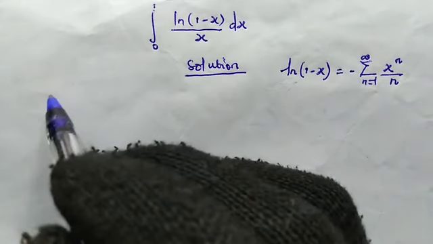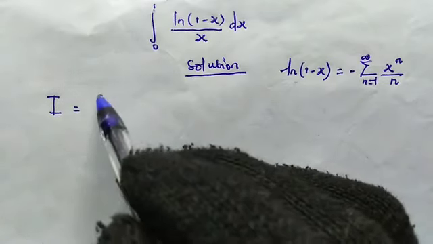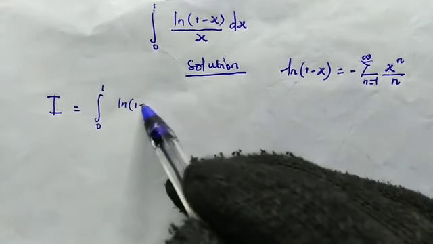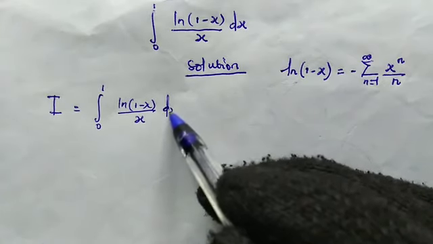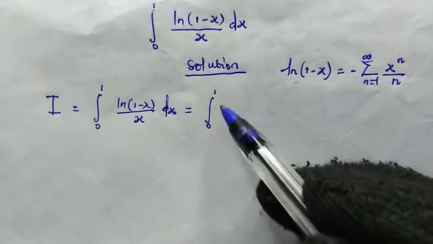Now let's call this integral I. We have I is equal to the integral from 0 to 1 of the natural log of 1 minus x all over x dx, and this is equal to the integral from 0 to 1.